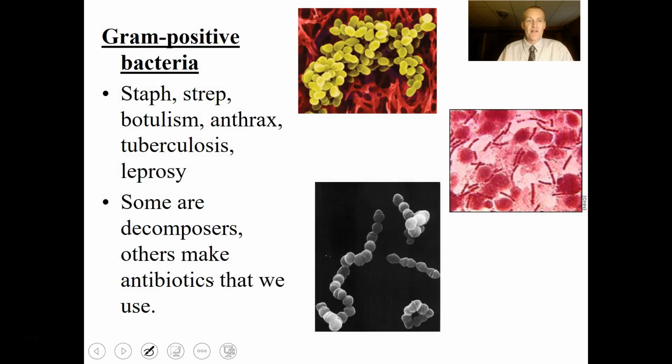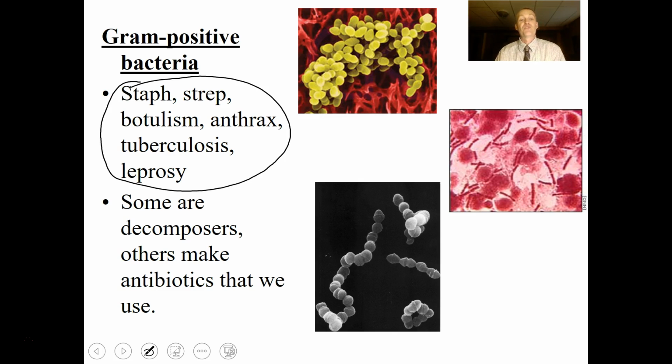So gram-positive bacteria include things like strep, botulism, anthrax, tuberculosis, and leprosy. And those are bad guys for sure. They killed a lot of people. So strep throat, most of you have had that before. They used to kill people before we had antibiotics.